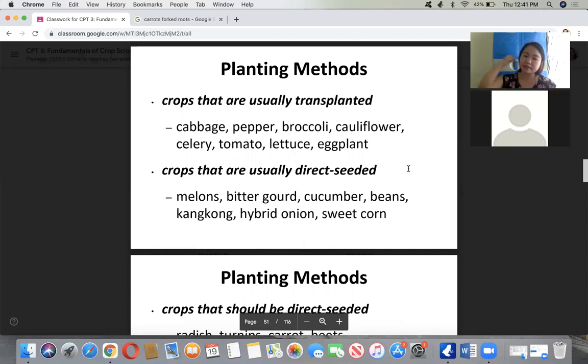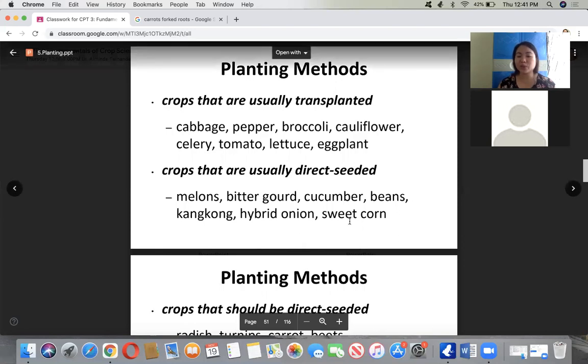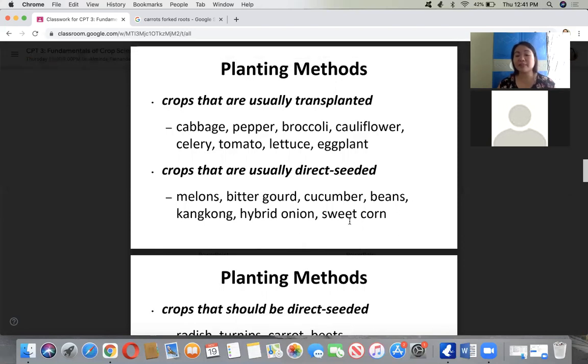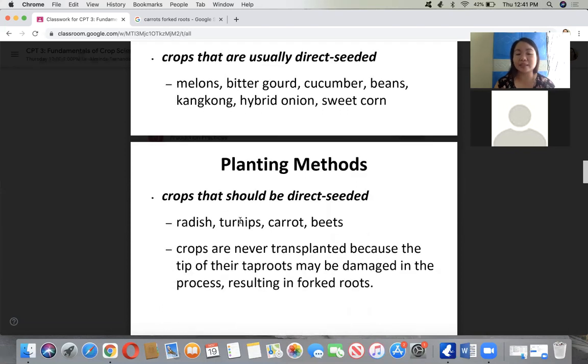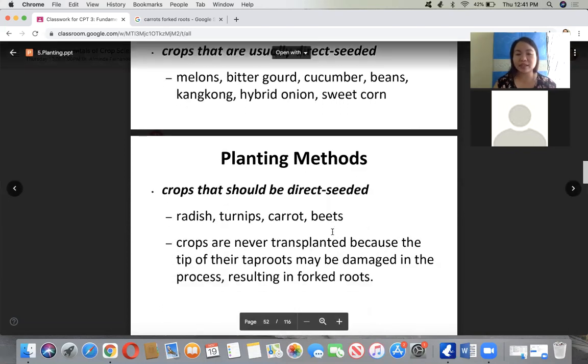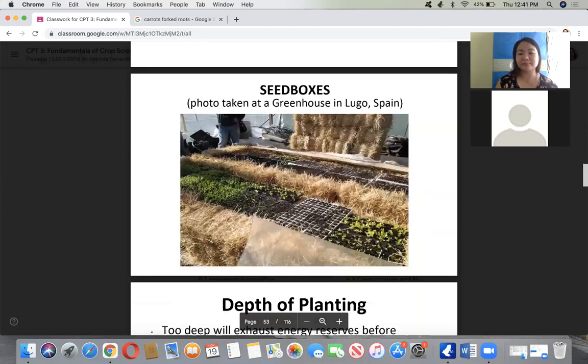But there are crops that do not need to be transplanted, like melon, sweet corn, and cucumber, because even if you direct seed them, their performance is okay. If you compare transplanting and direct seeding in these crops, it is about the same, so just direct seed them. But there are also crops that cannot be transplanted, like radish and root crops, carrot, because of fork roots.